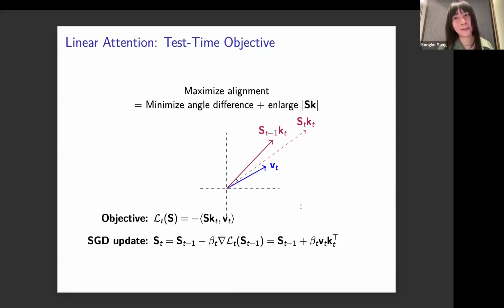We need to resort to this recurrent hidden state for accessing the previous key value associations. If we have an online learning objective to make the linear attention model learn to build the key value association of previous time steps, this could be useful.